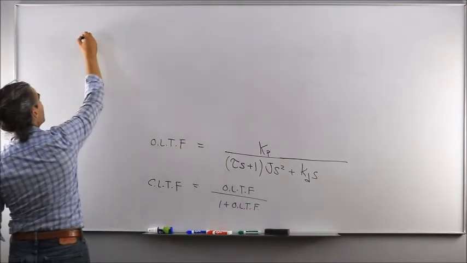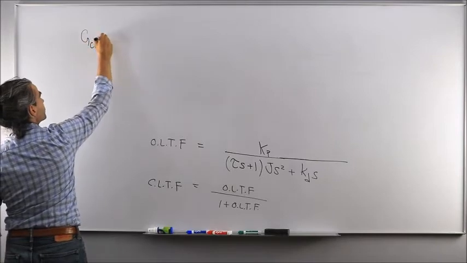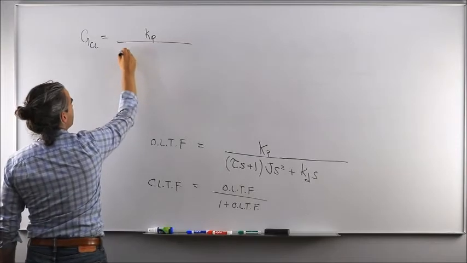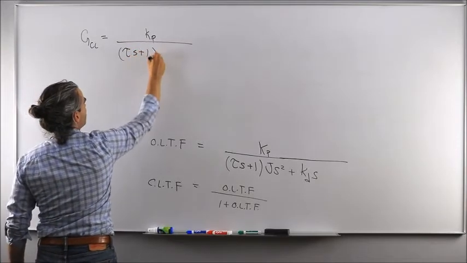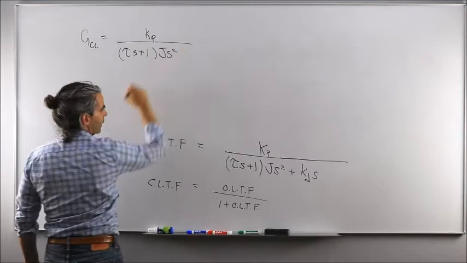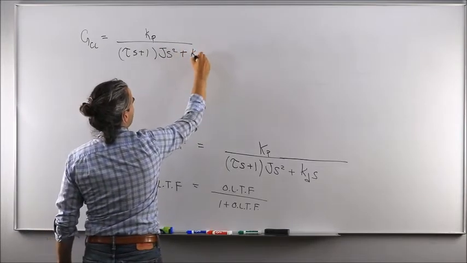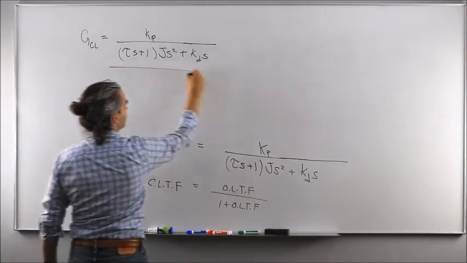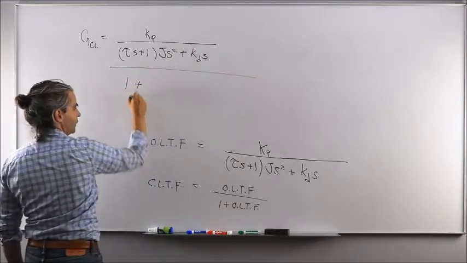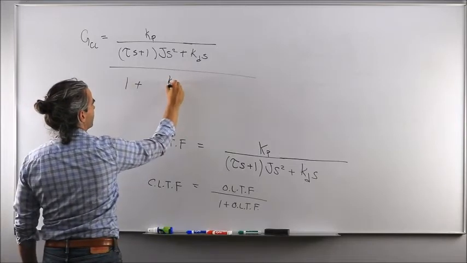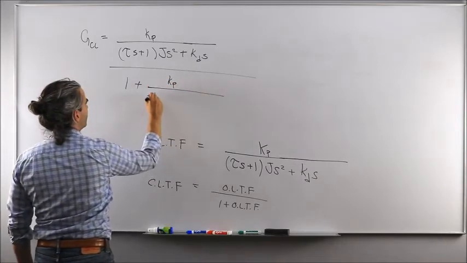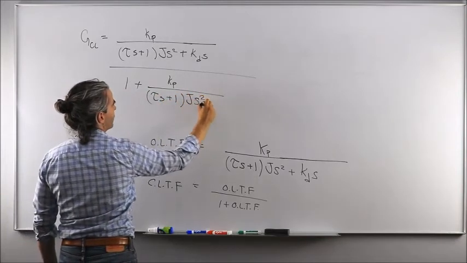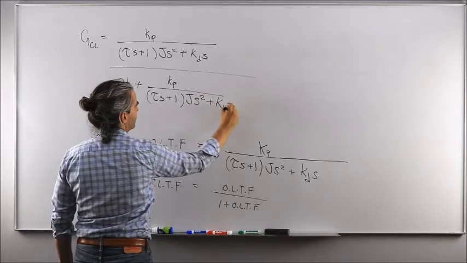So we get for G closed loop, the open loop, Kp over tau s plus 1 times J s squared plus Kd s. This over 1 plus the same thing over again, Kp over tau s plus 1 times J s squared plus Kd s.